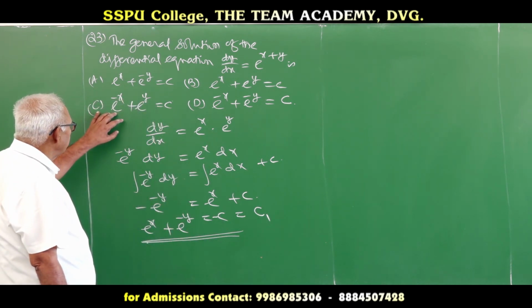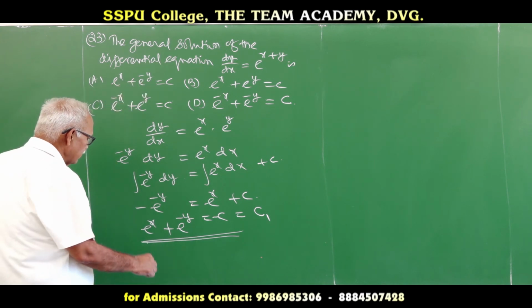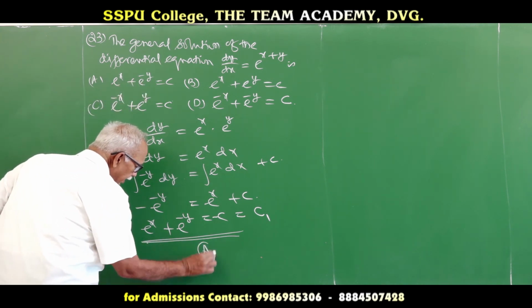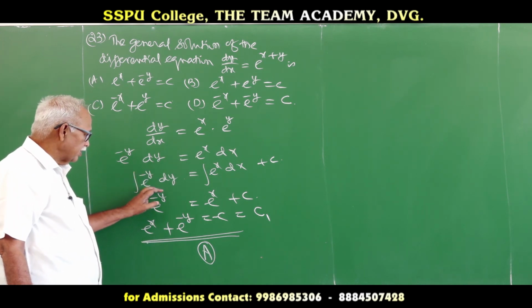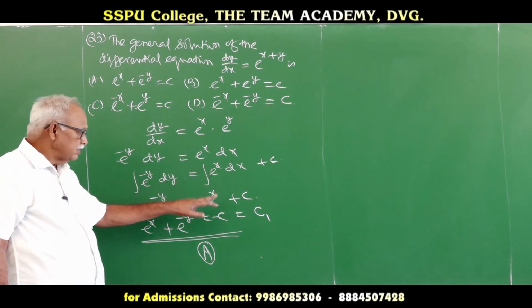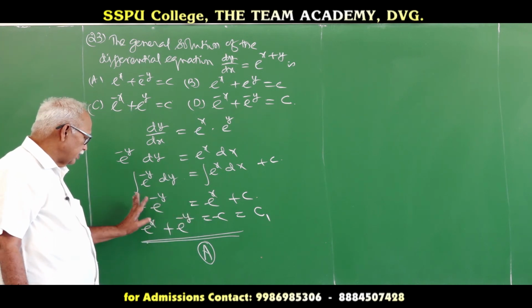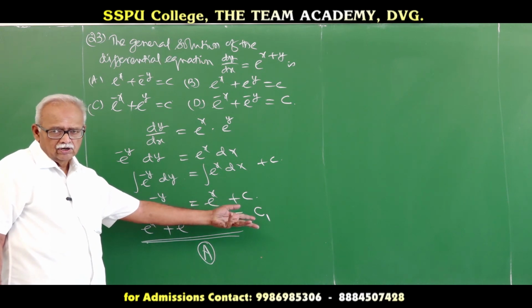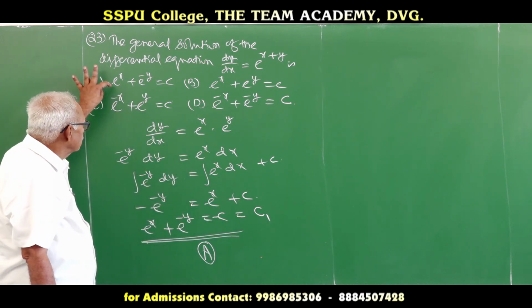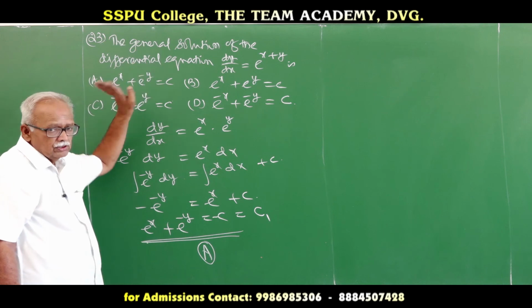You get e power x plus e power minus y is equal to c. Option A. So integration of e power minus y is minus e power minus y. Integration of e power x is e power x. So when you take this to the other side, it becomes minus c. Minus c is nothing but a constant, we can write it as c1. So e power x plus e power minus y is equal to c.